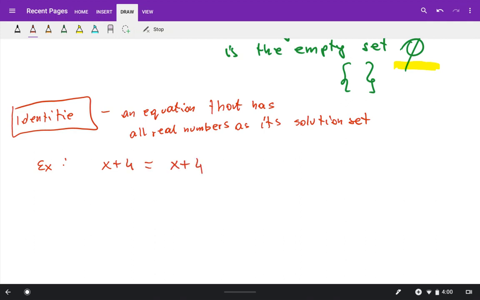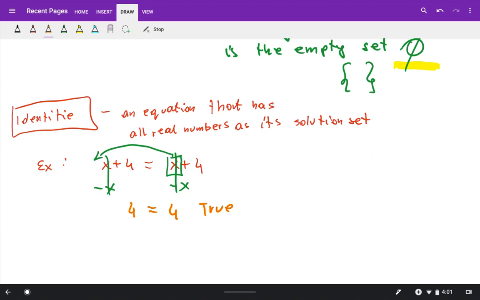Of course, this is an identity because we have the same expression on both sides, but if you would like to try to solve for x, let's say we move that x to the left side, since it's positive, you subtract x from both sides, that will cancel, and you will end up with 4 equal 4, so this is definitely true. So that's how you're going to know that you have an identity.